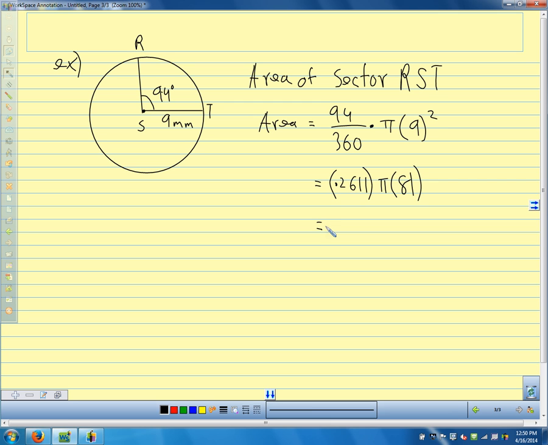I find my pi button here. And I get about 66.44 millimeters squared. So the area of that sector is about 66.44 square millimeters.